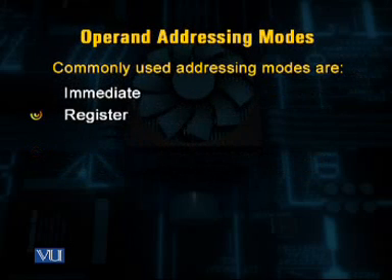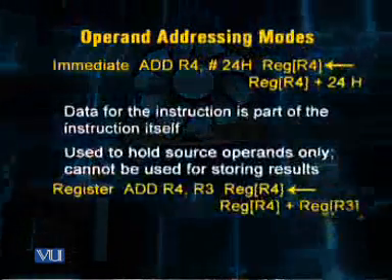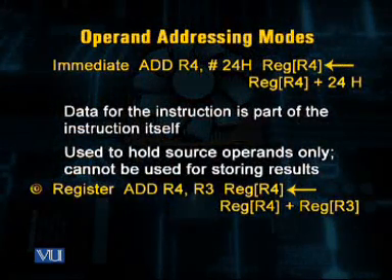The second addressing mode is known as the register addressing mode, where both the operands are assumed to be available in the registers of the CPU. For example, over here we have written ADD R4, comma R3, which means we want to add the contents of register R3 to the contents of register R4 and place the result in register R4.